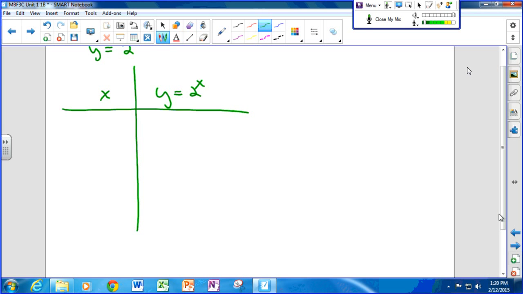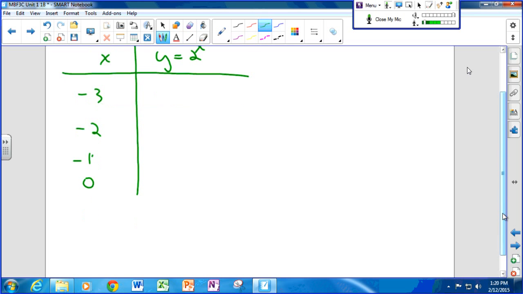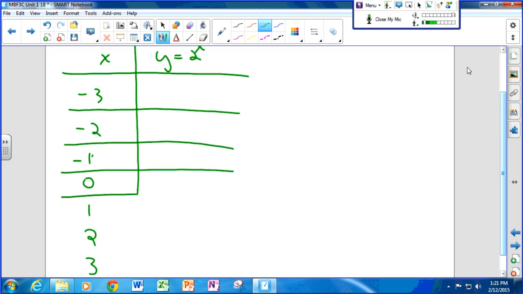If there's a fraction in the equation, you'll pick something that's a multiple of the fraction, so you don't have to go by 1 unit. You can go by 2, you can go by 5s. What you want to do is get a sense of the shape of the graph. But this is pretty typical.